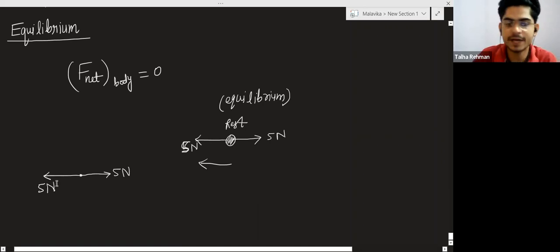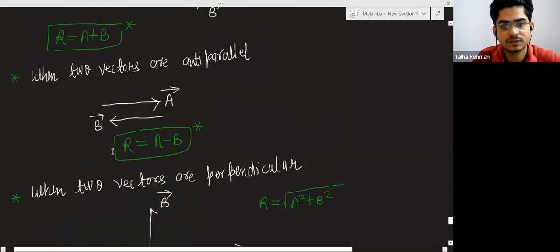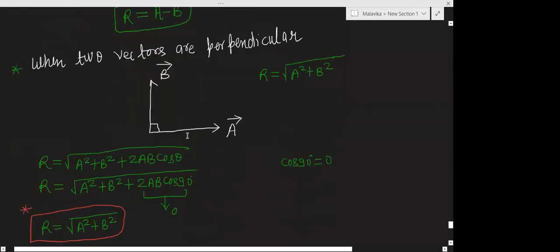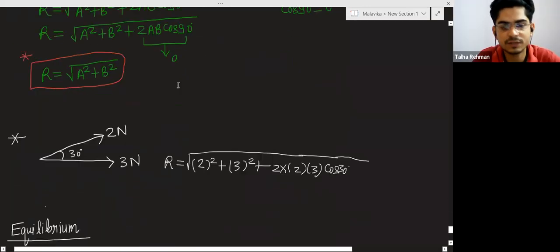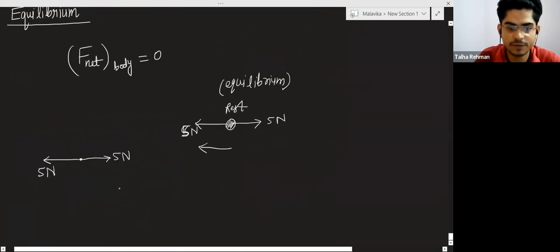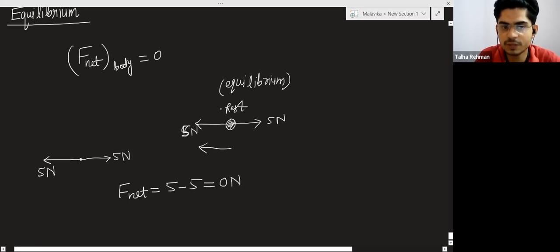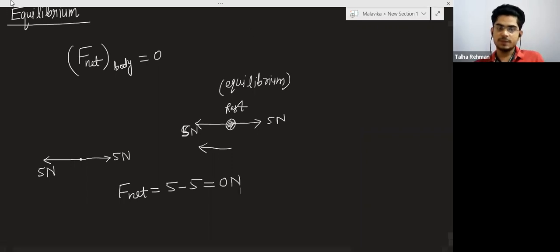I have told you, anti-parallel vectors. This is the anti-parallel vector case. And if you want to calculate the resultant of the vector, means force, F net, A minus B, 5 minus 5, that will be 0 Newton. There is no force on the body, means this is the condition of equilibrium.